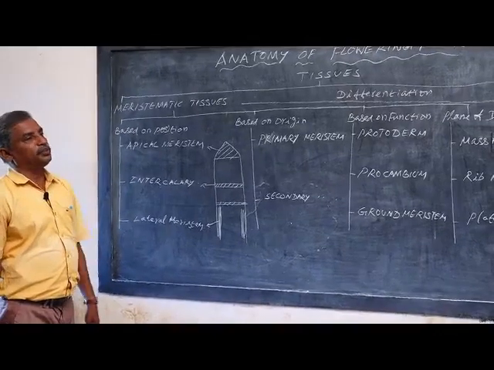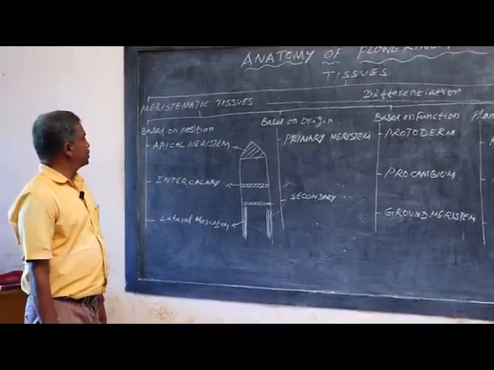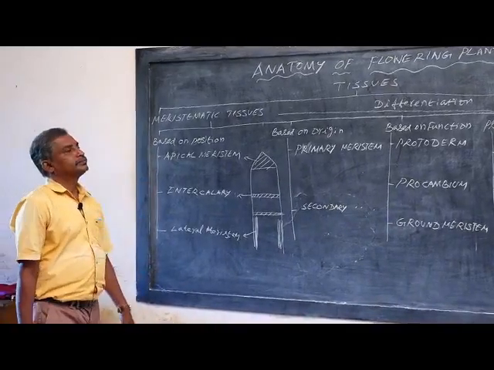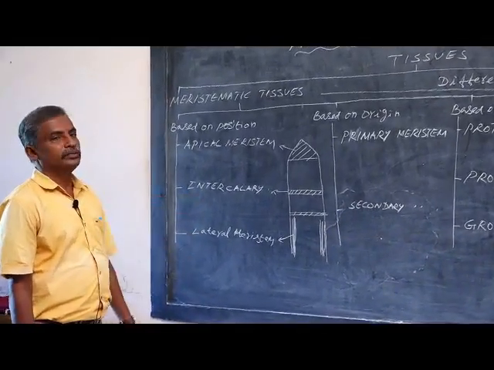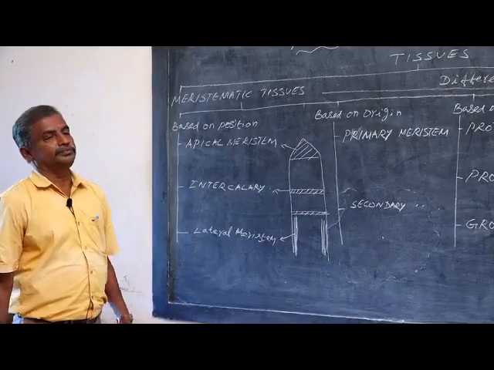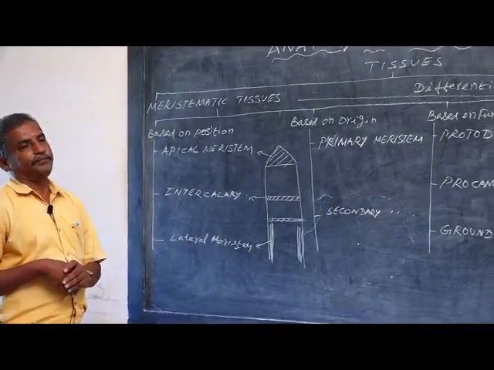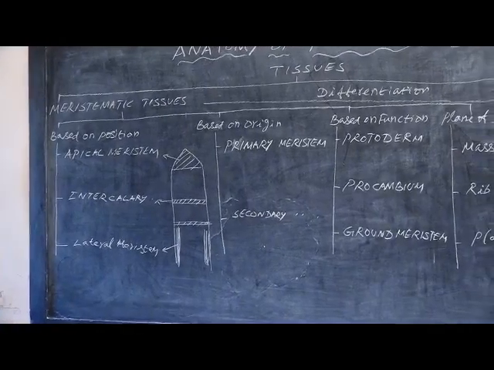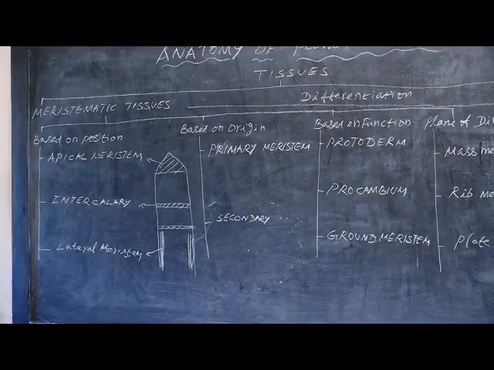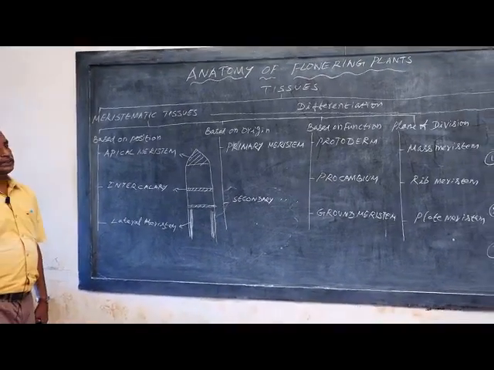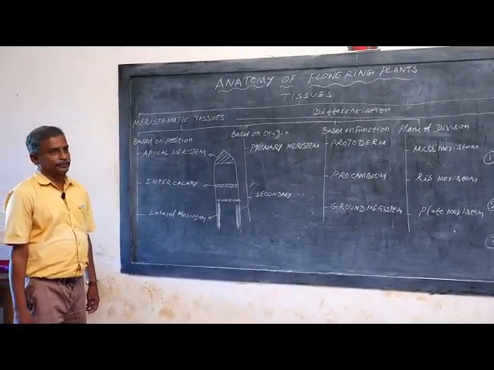On the basis of their position, the meristematic tissues are classified into apical meristem, intercalary meristem and lateral meristem. What is apical meristem? The name itself denotes that the meristem is found in the apices of the plant body. There are two apices in the plant body: the root apex and the shoot apex.